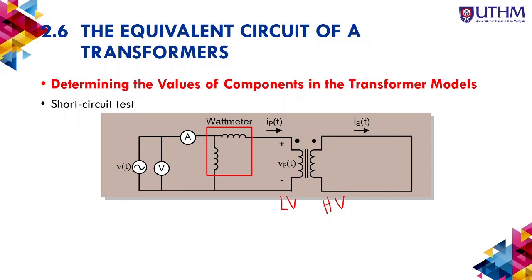Okay, kenapa kita nak measure dekat primary side? Firstly, because of the limitation of the equipment. Okay, so that's why we measure at the LV side, the low voltage side. So for example, our voltmeter can measure up to 200 volt. Okay, and then at the secondary side, the high voltage side already up to 1000 kilovolt.